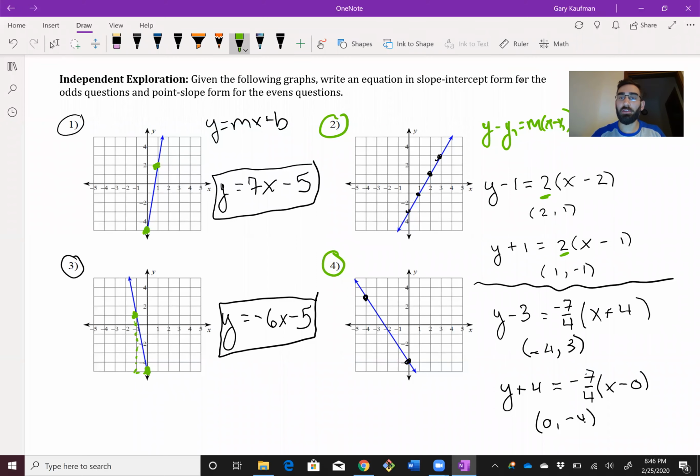And notice again, it's 2, because it's always 2 for this function. And for this one, it's always -7/4. And you'll see, here is the point that I used, 2 comma 1. That's why it's x minus 2, y minus 1. Here I used the point 1 comma -1. You might have used a different point, but it's still the same function.